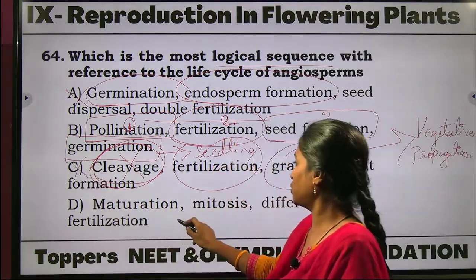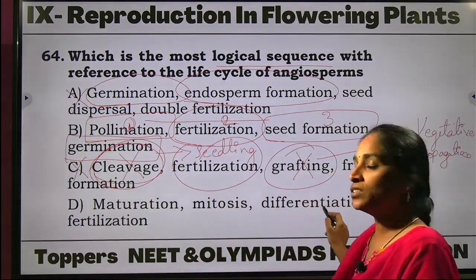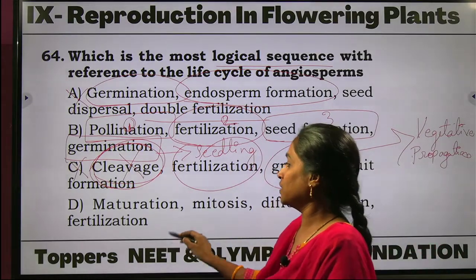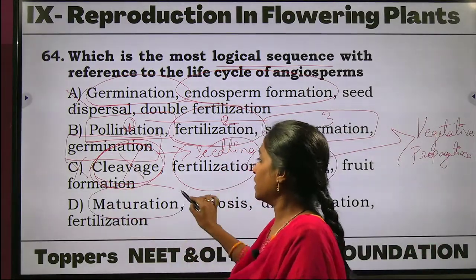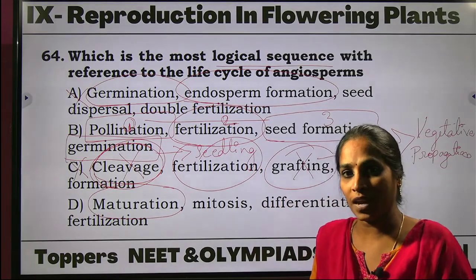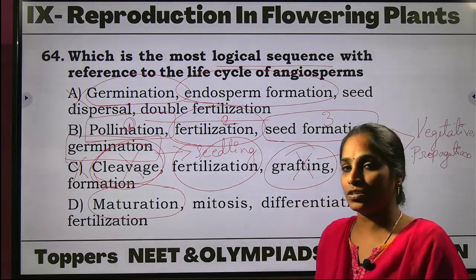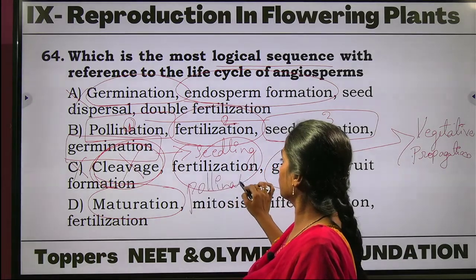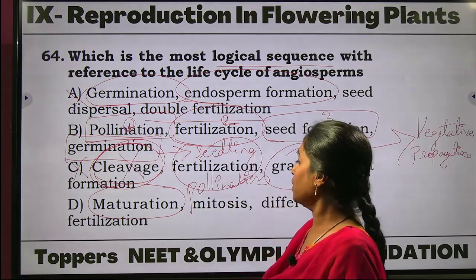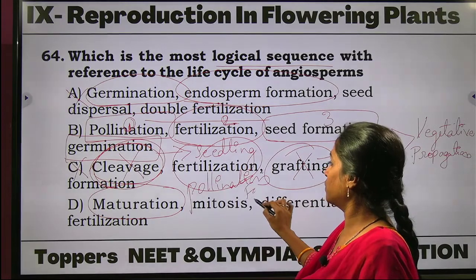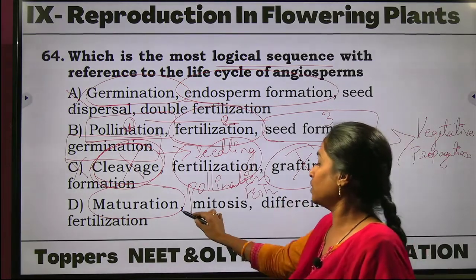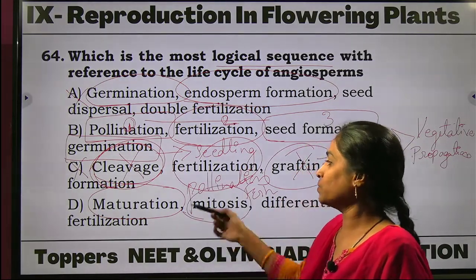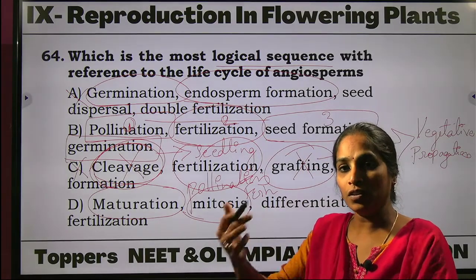Option D: maturation, mitosis, differentiation and the fertilization. What is maturation? It might be the maturation of gametes. After maturation the pollination has to occur, and after pollination the fertilization occurs. Here he has given mitosis. What is mitosis? Growth of the organs.